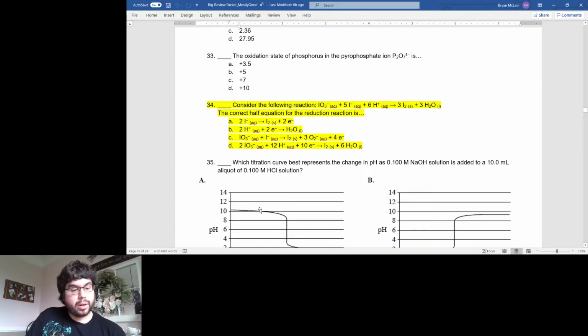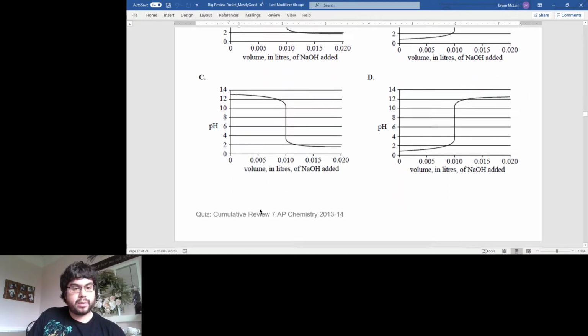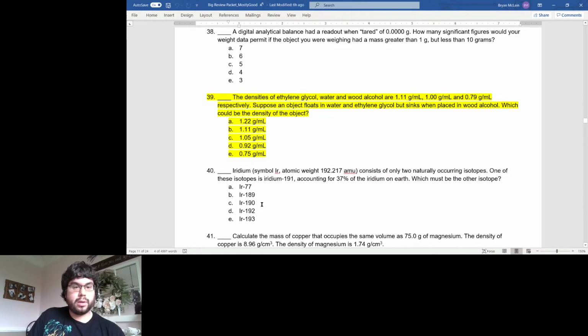All right, number 39 is the next one I have. Let's see what this is. The densities of ethylene glycol, water, and wood alcohol are 1.1 grams per milliliter, 1 gram per milliliter, and 0.79 grams per mil, respectively. Suppose an object floats in water and ethylene glycol, but sinks when placed in wood alcohol.